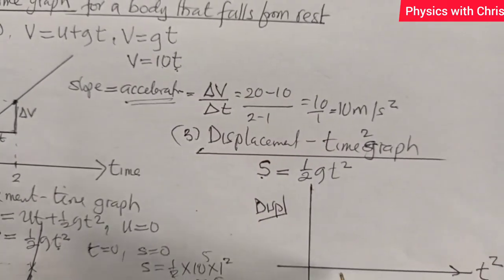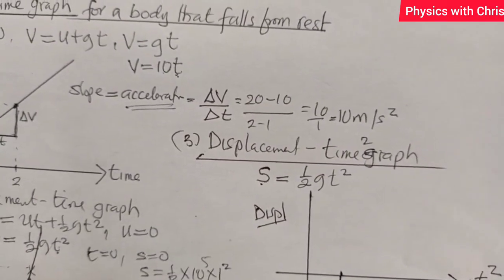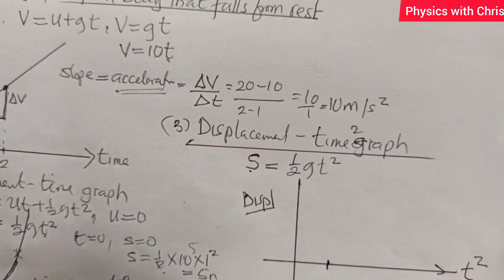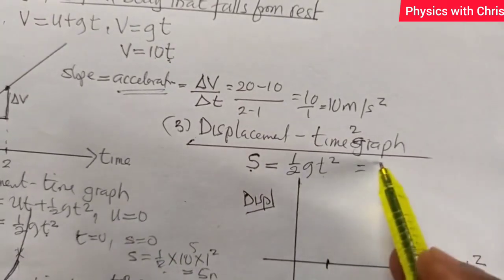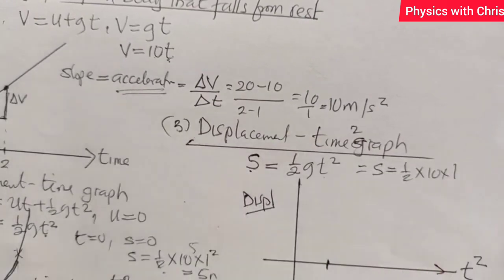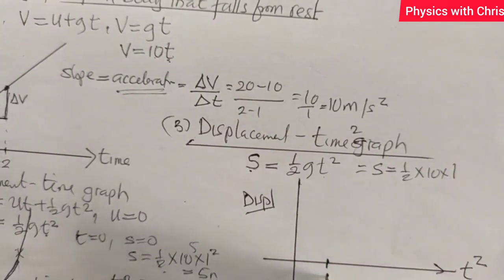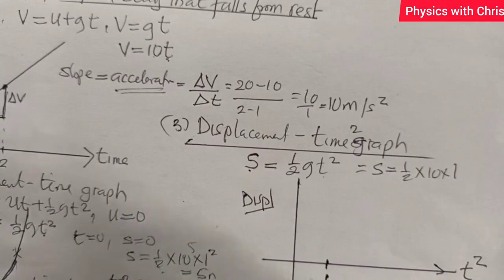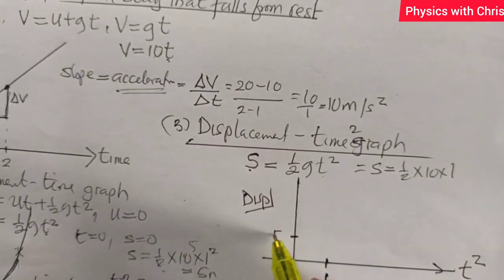Now when time t is 1, of course, t squared is 1. By the time I put 1 here, that gives me a displacement equals half times 10 times 1, so that will give me 5 meters.